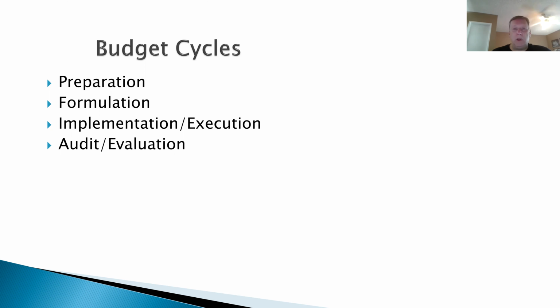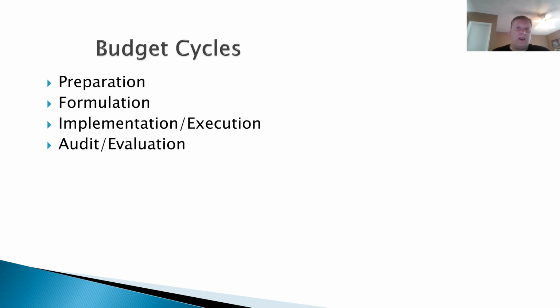In audit and evaluation, we go back and analyze how we spent the money to make sure we spent it in legally appropriated ways, and also do a performance audit to make sure that not only are we spending the money in the legally appropriate manner, but we're also spending it in an effective and efficient manner as well. So audit and evaluation, your fourth and final phase of the budget process, will occur once the fiscal year has closed.